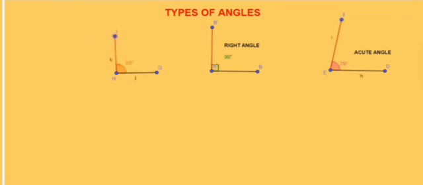Now you can see so many angles like that, that is greater than 90 degree and less than 180 degree. Such angles are called obtuse angles. Clear? That is less than 90 degree acute angle, greater than 90 degree obtuse angle.